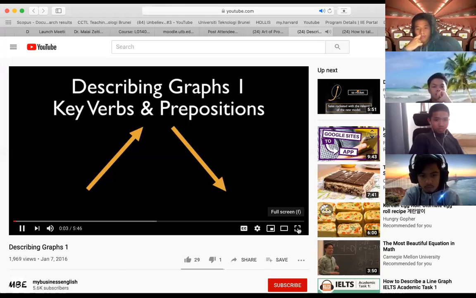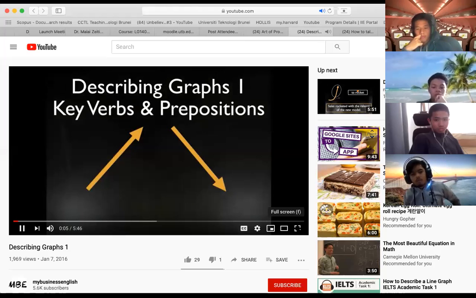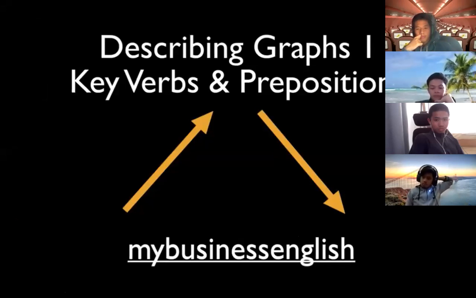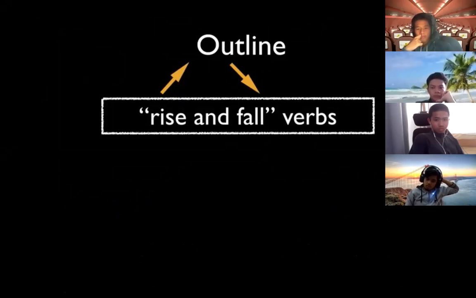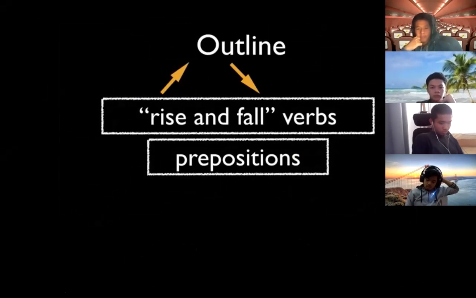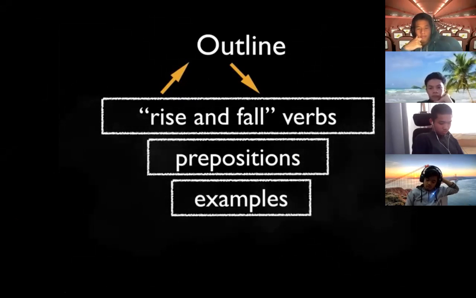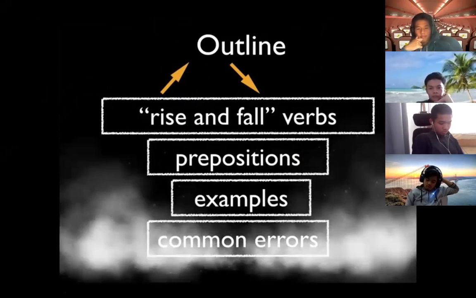Hi, my name's David from My Business English at YouTube, and today we're starting my series on describing graphs. So we're going to look at the main rise and fall verbs, and the prepositions that we need to go with them. We'll give you some examples and show you some common errors.